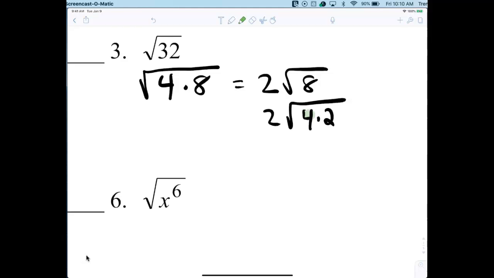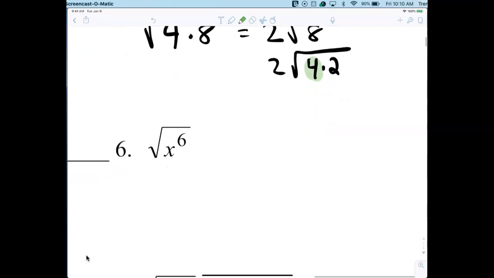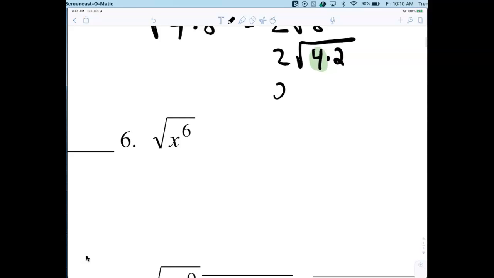Now what's the square root of 4? 2. When I pull it out, you are multiplying. So now this is 2 times 2 times the square root of 2. What's 2 times 2? 4. I just wrote that step in there.